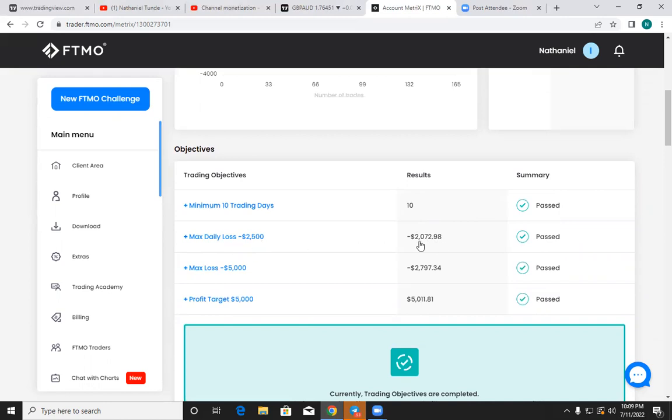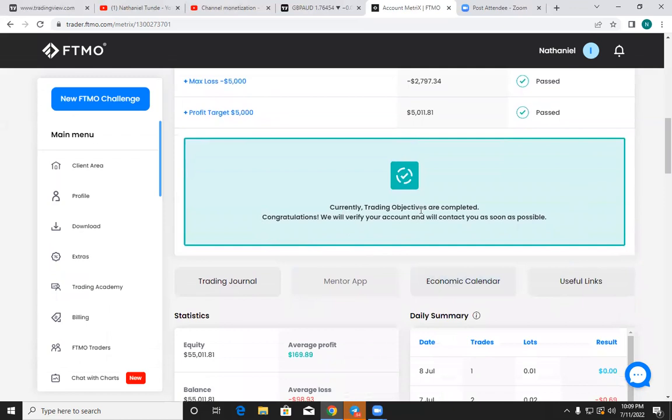That was a day, I think, no, the overall 2000 pass. Maximum loss 5,000, and my maximum loss was 2,797, pass. Profit target 5,000, which was hit. And then you have this: currently trading objectives are completed. Congratulations. We'll verify your account and we'll contact you as soon as possible.